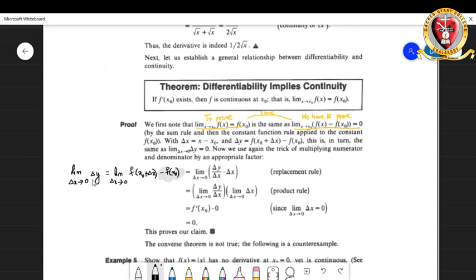This is what is meant by limit delta x tends to 0 delta y, we know that.